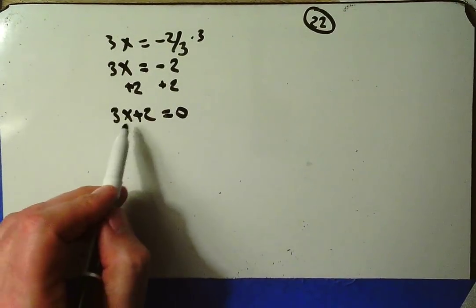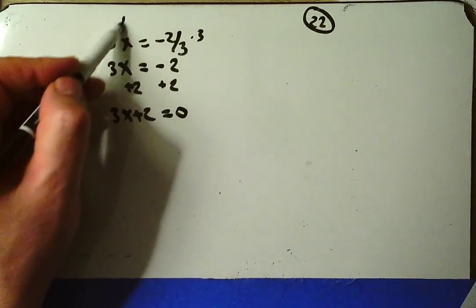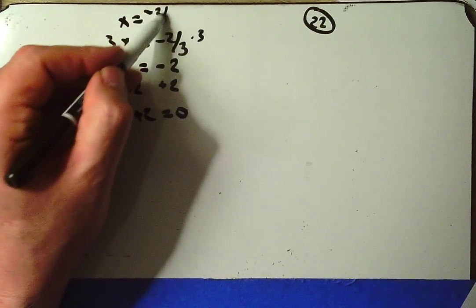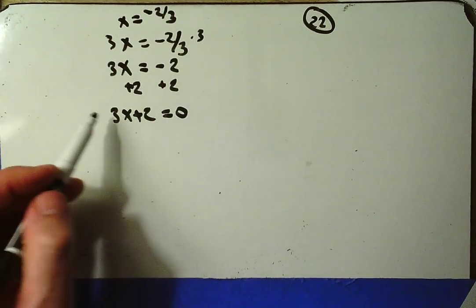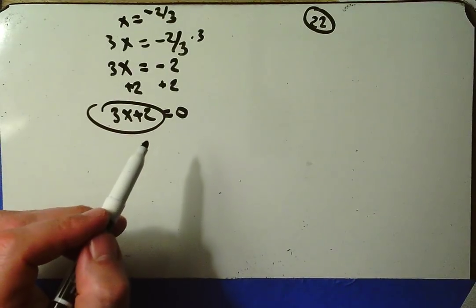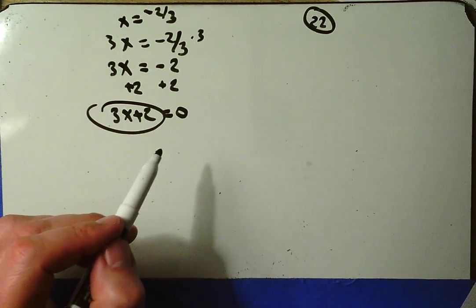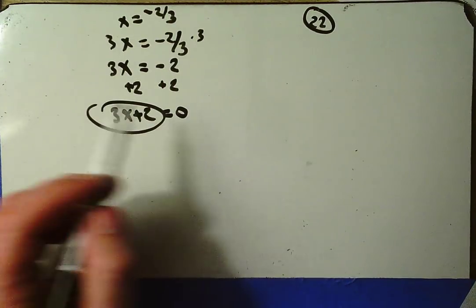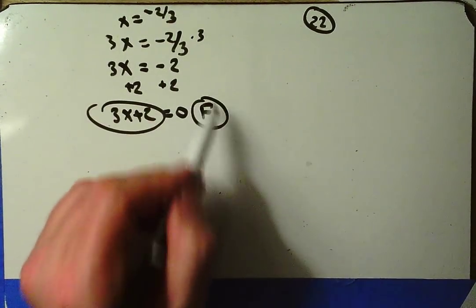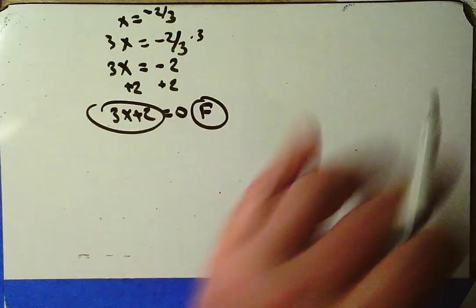And I'd be setting a factor equal to 0 to get that root of negative 2/3. So there's one of my factors, 3x plus 2. Hey, and 3x plus 2 only shows up in choice F. So I only need to worry about choice F.